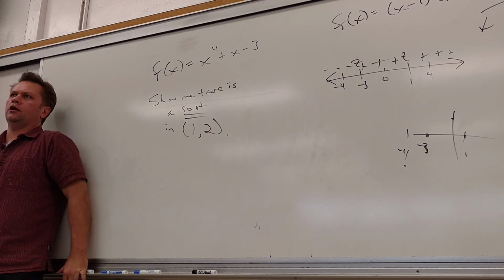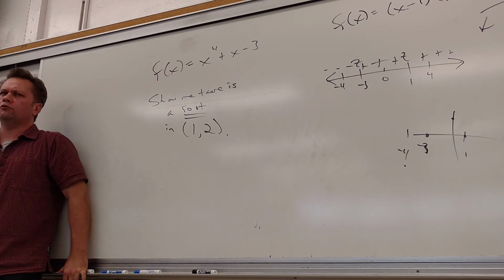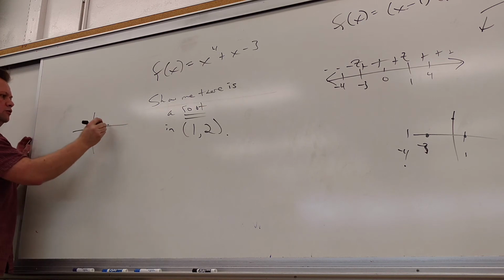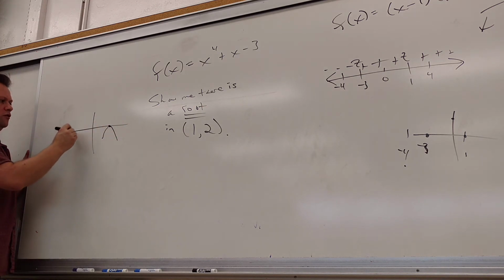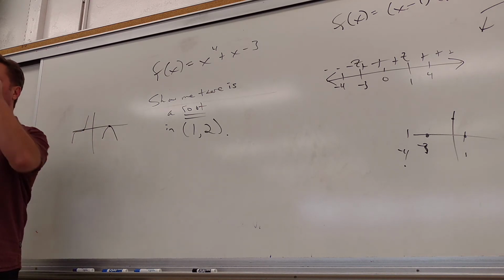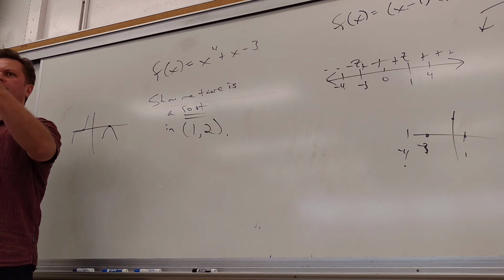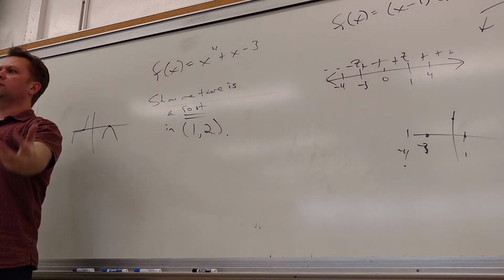One way to show there's a root. Obviously this won't show all roots, because what's true about this root? Does it change sign around it? No. So the intermediate value theorem can pick up roots where it does change sign. You're guaranteed there's a root in between them if the function evaluated at one of them and the function evaluated at the other are different signs.